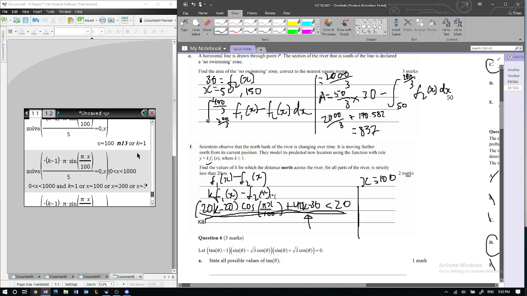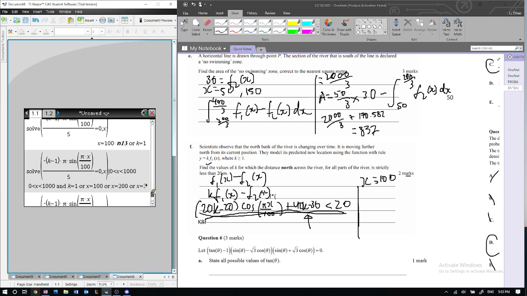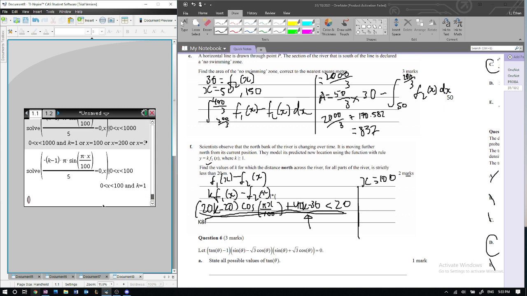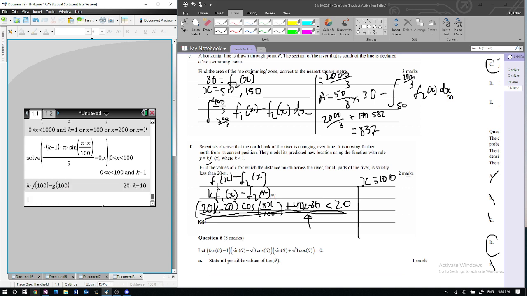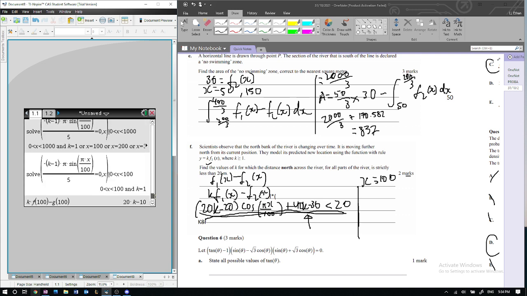If you sub in x is equal to 100 to your distance equation, you'll find, okay, so your maximum occurs at 100.